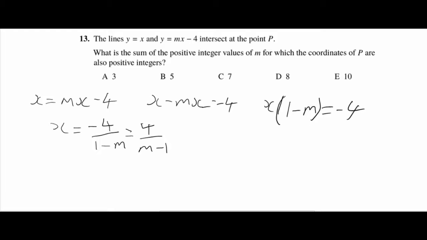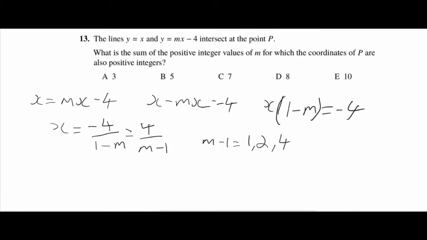And for this to happen, well, clearly m minus 1, which is the bottom of the fraction, needs to be a factor of 4. Otherwise, if it's not, we are just going to get a fraction. So m minus 1 can be equal to 1, 2, or 4.